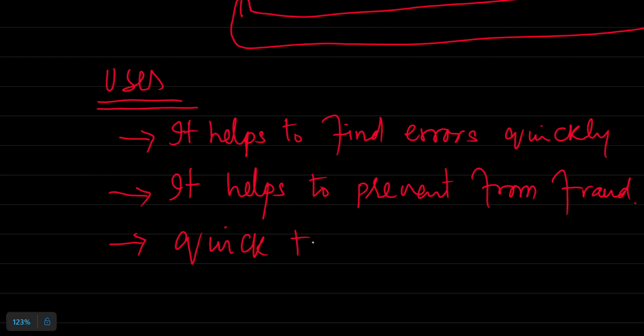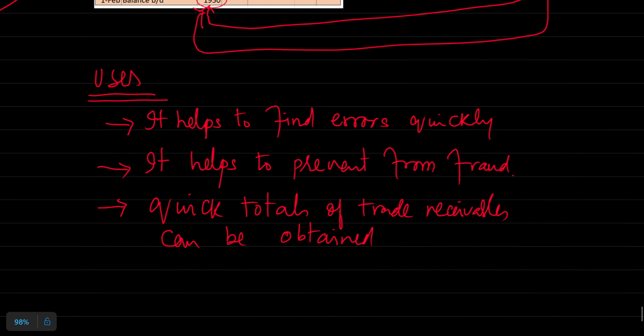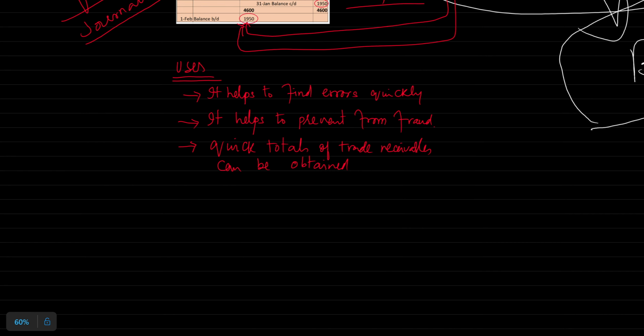Quick totals of trade receivables can be obtained from the sales ledger control account, and quick totals of trade payables can be obtained from the trade payables control account.